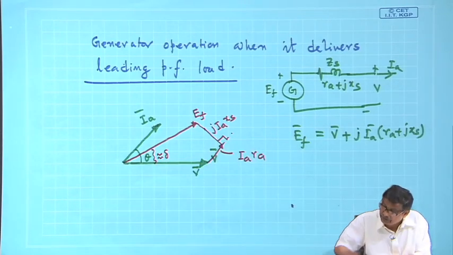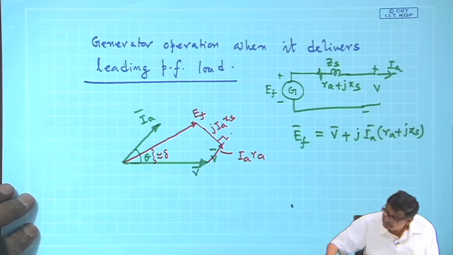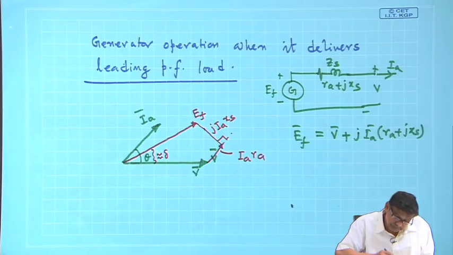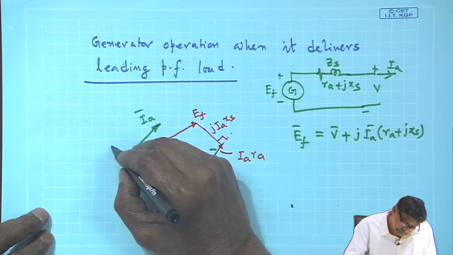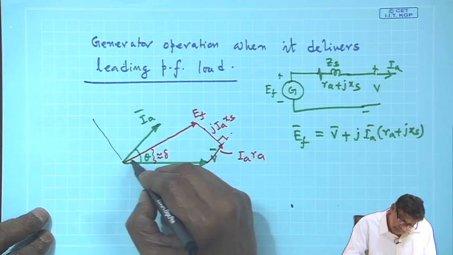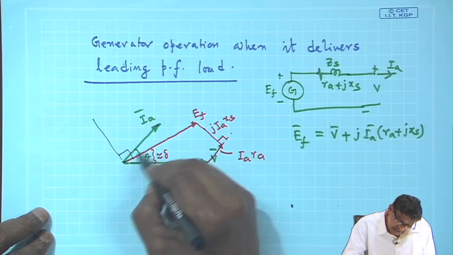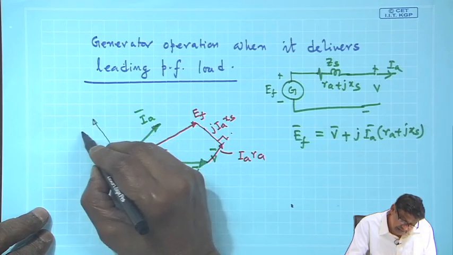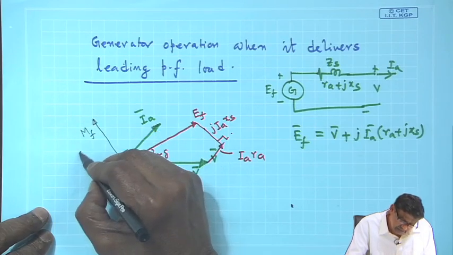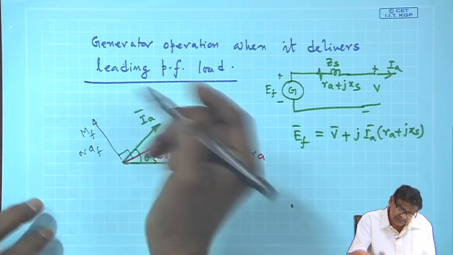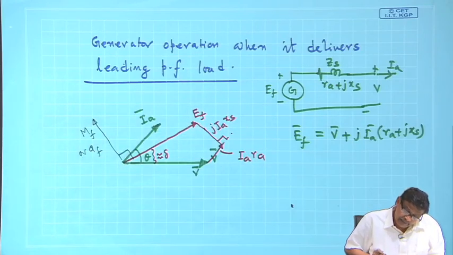Now, where is your phi f? Phi f is here, perpendicular to this red line. Here will be your phi f or M f, is it not? This will be M f.